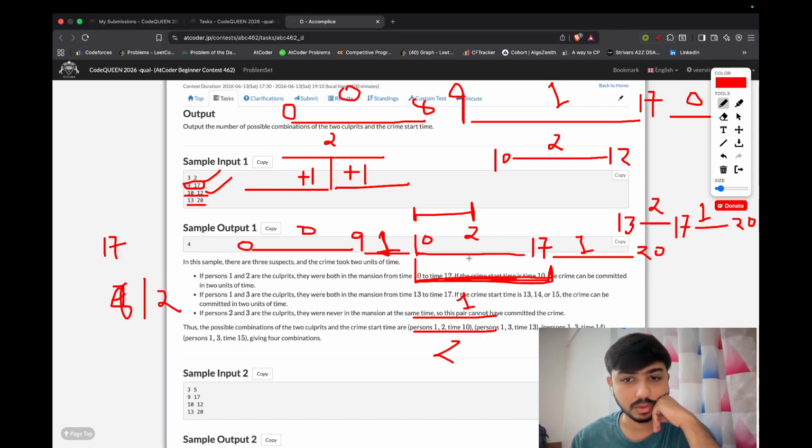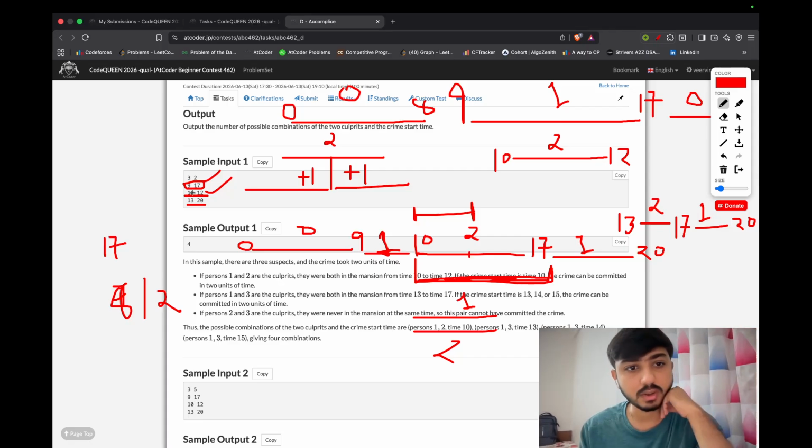I said this is 2, but until 12 the plus 1 is because of this interval, and after 12 the plus 1 is because of that interval. So I can't take this as a culprit pair, right?